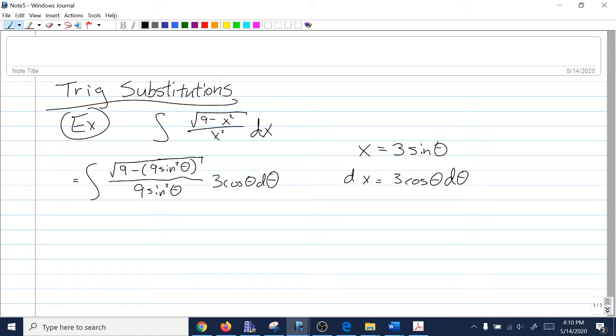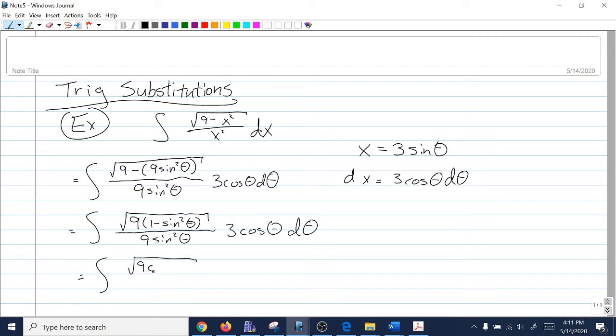Why was this helpful? Look at what's going on inside that square root. There's a 9 I can factor out. That's the square root of 9 times 1 minus sine squared theta. Oh wait, I know something about 1 minus sine squared theta. The square root of 1 minus sine squared theta is cosine theta.